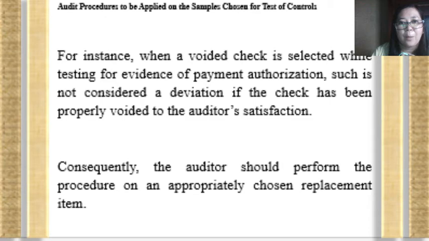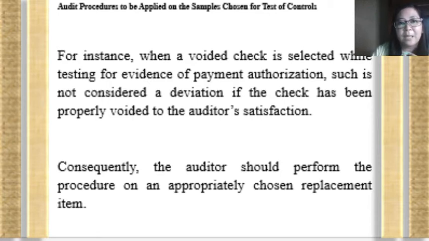In the case of a voided check, meaning these are checks that were drawn and later on voided, or these checks were cancelled, and this cannot be processed further to be paid to the payee and for encashment.